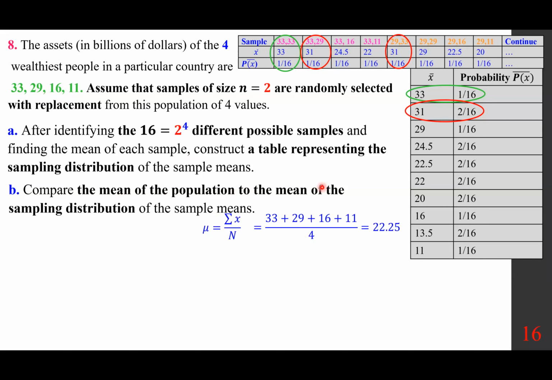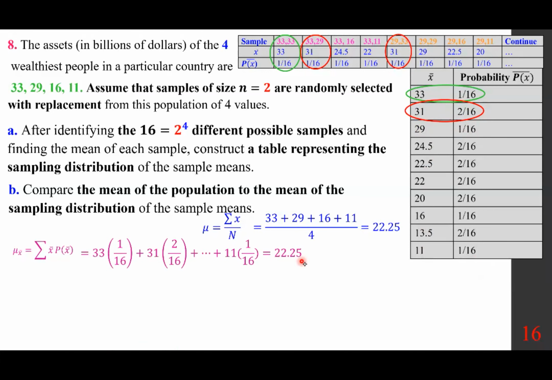The second part says we want to compare the mean of the population to the mean of the sampling distribution. So we want to look at the mean of the sampling distribution. How do we find the mean for this table? Mu of X bar is summation of X bar times P of X bar. In other words, this number times this, plus this number times this, plus this number times this, all the way to the last one, right?